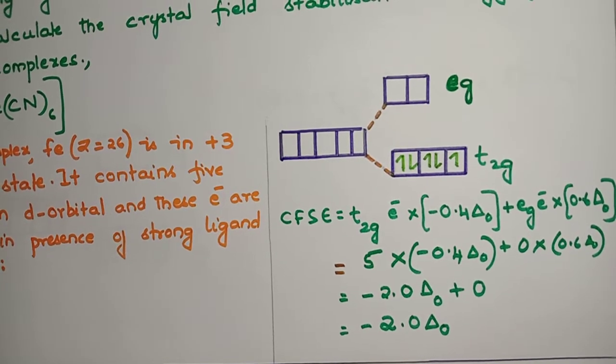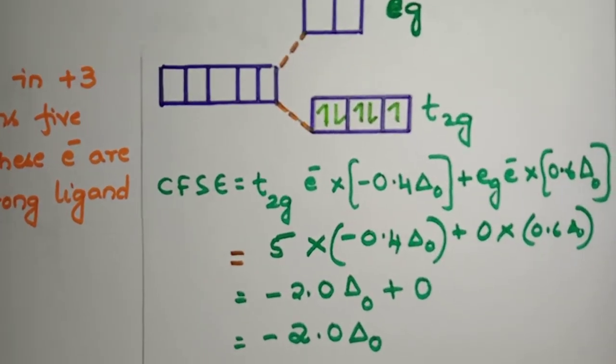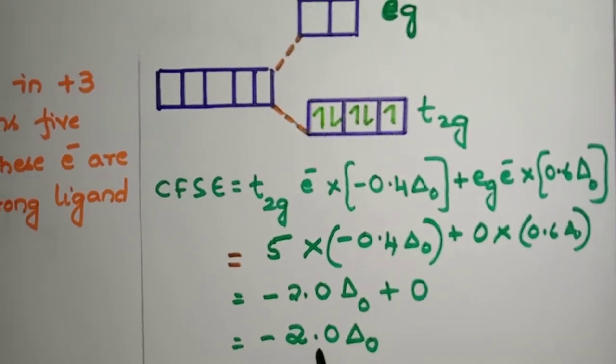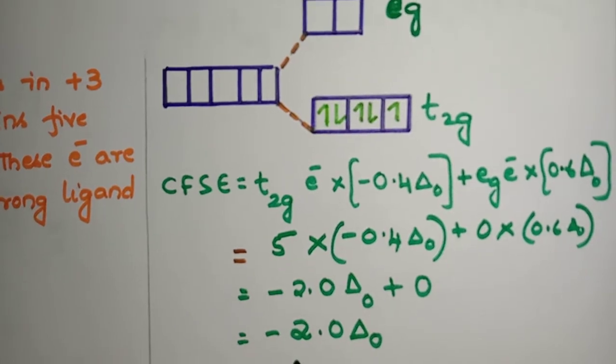So the CFSE of K3[Fe(CN)6] is −2.0 delta O units in this particular case.